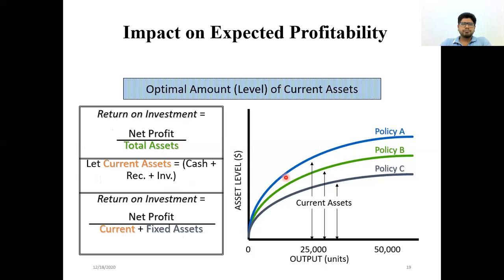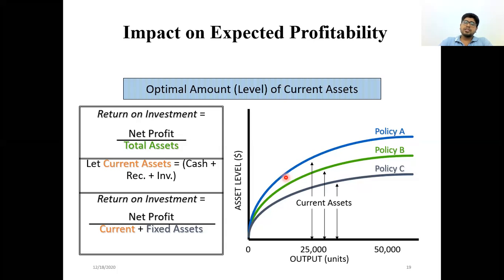When we talk about profitability and working capital policy, policy A has a higher amount of working capital. To talk about the relationship between working capital policy and profitability, we have to have a clear understanding of how we measure profitability. The well-known common measure is return on investment, ROI.